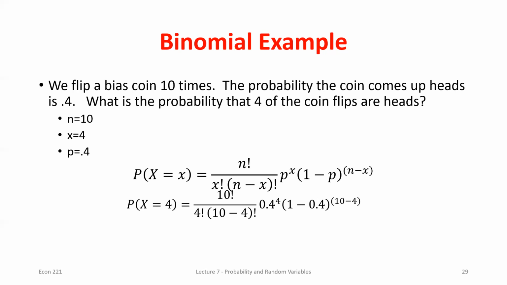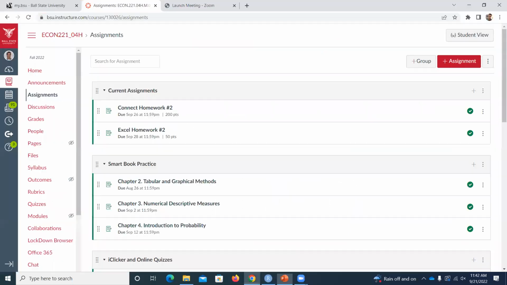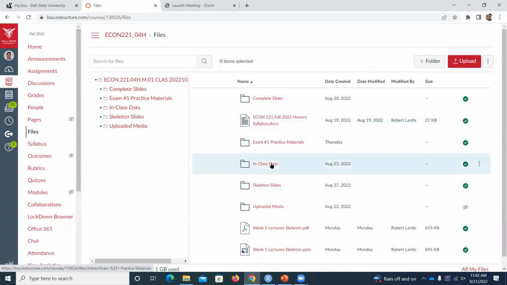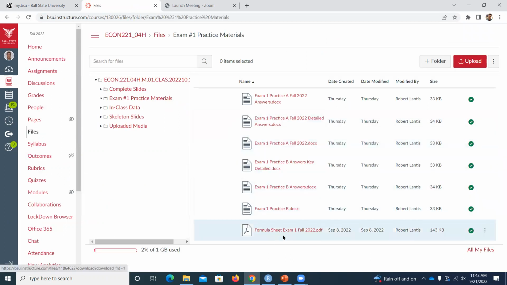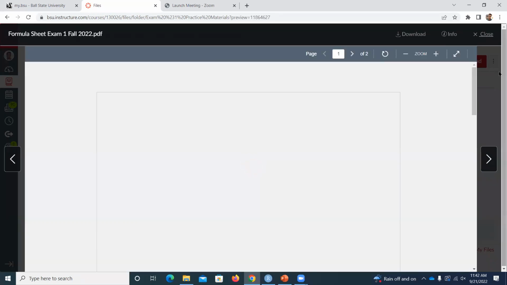Will the formulas be on the test again? Good question. I think I originally had this just up on the files, but now if you go to the practice materials, you'll have this formula sheet if it loads.